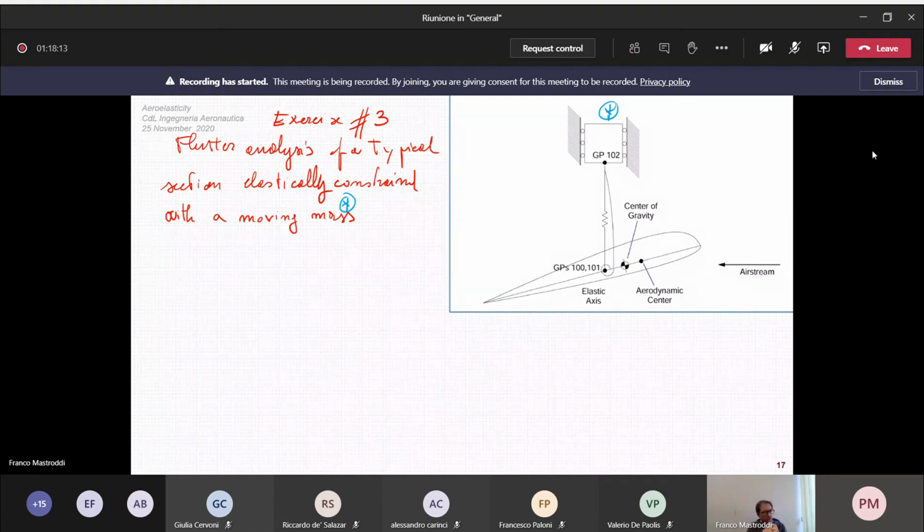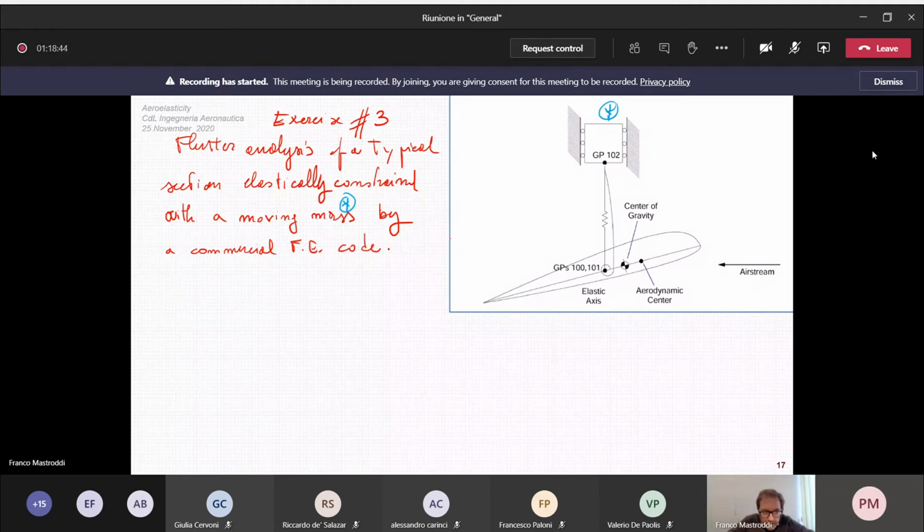Okay, so we have a flutter analysis of a typical section elastically constrained with a moving mass by a commercial finite element code.